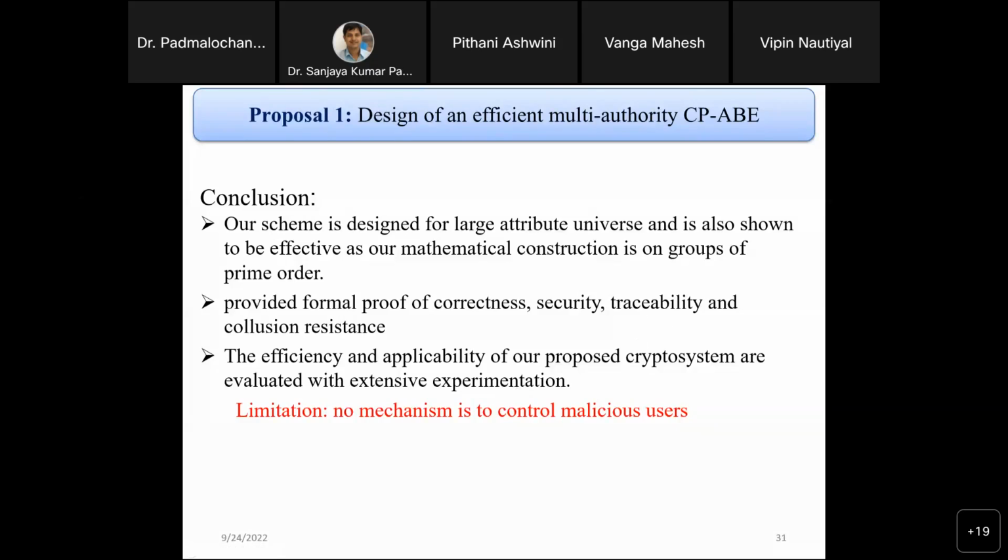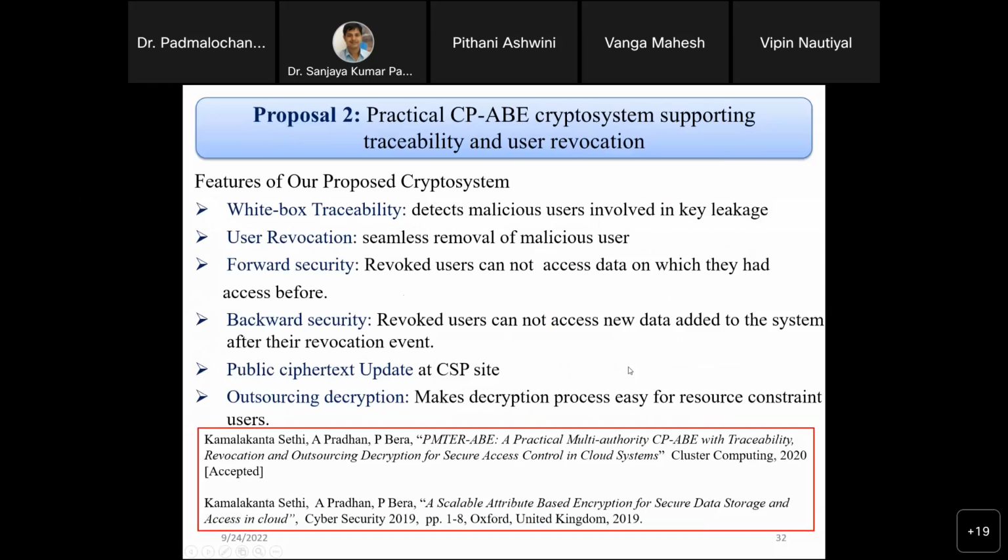But in this proposal, malicious users we have not handled, but revocation of users is incorporated in the next proposal. I will not go to that today because of time limitation, but user revocation is one of the important features where you can dynamically revoke a user when they leave the system, so that they are not able to access it anymore, even if they try to do so.